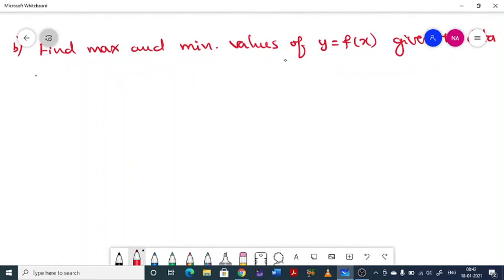So the values of x and y are: x is 1, 3, 5, 7, 9, and y is 9, 11, 13, 63, 209. Solution.